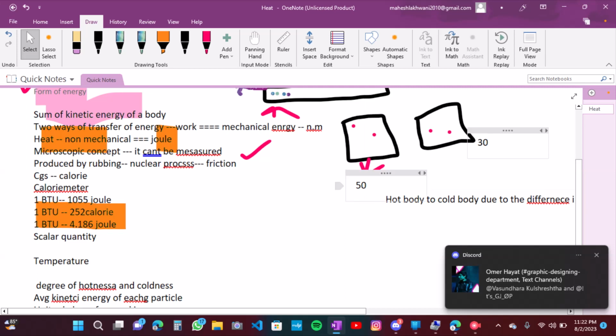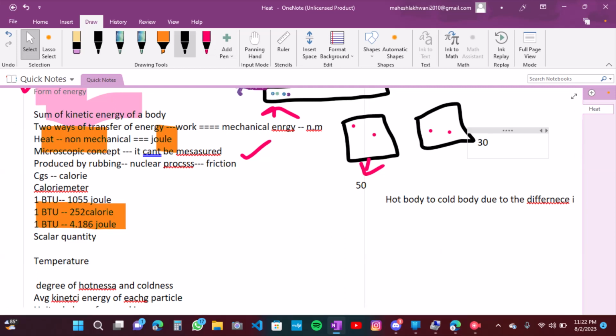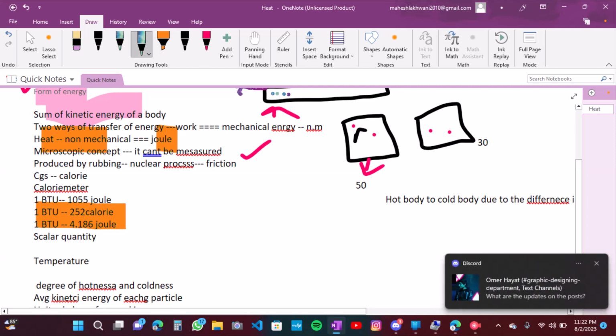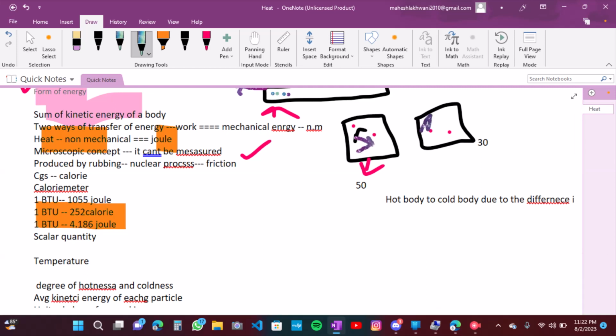Obviously these particles will vibrate. These particles will also vibrate. The vibration of this one container will be greater than the vibration of this one container. Why? Because there is a difference in the temperature, right?